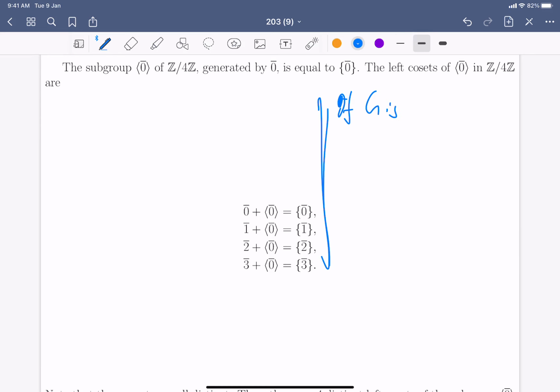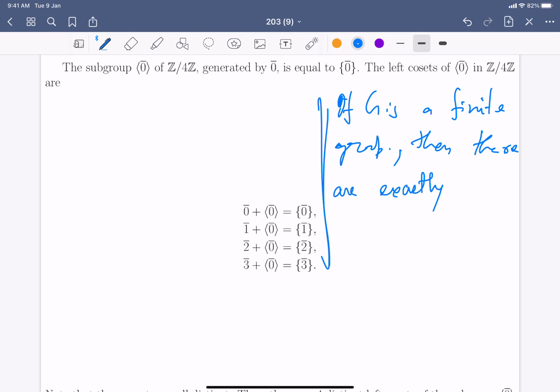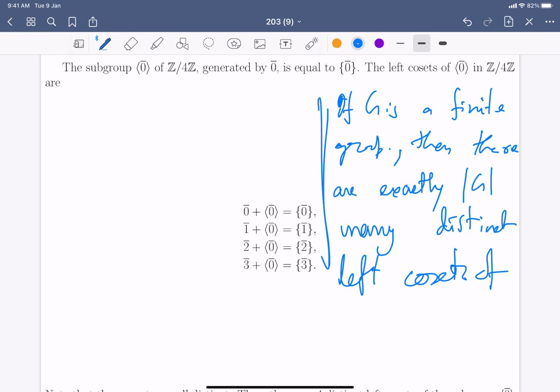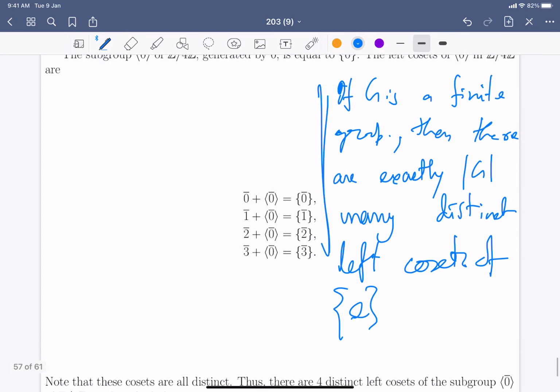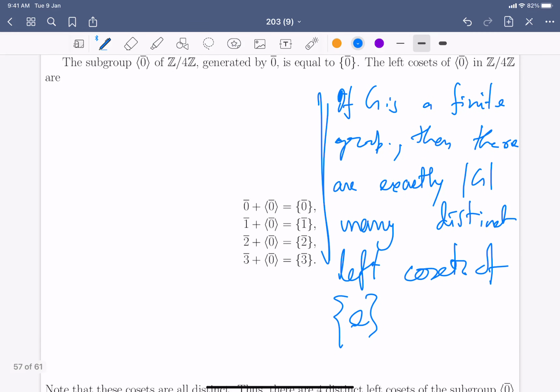For example, if G is a group, or just to keep things simple, if G is a finite group, then there are exactly size of G many distinct left cosets of the subgroup consisting of the identity only.